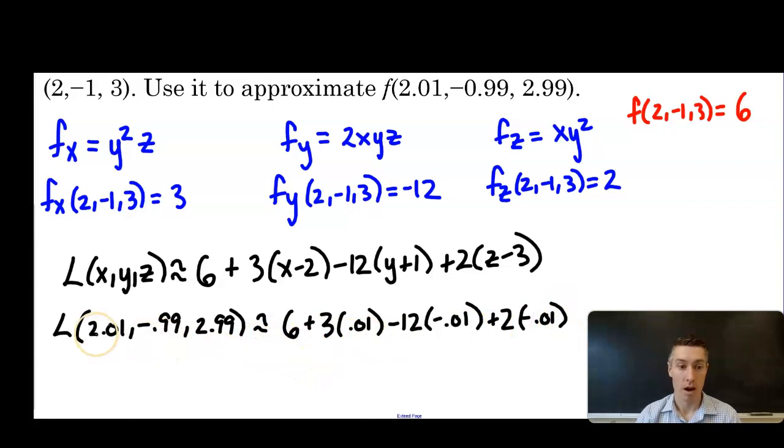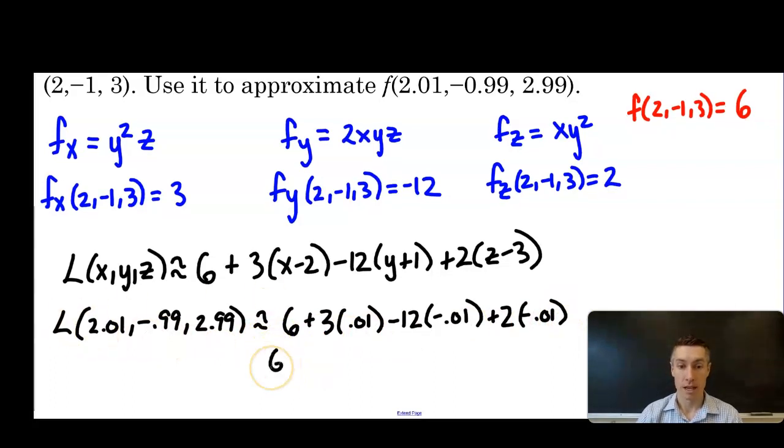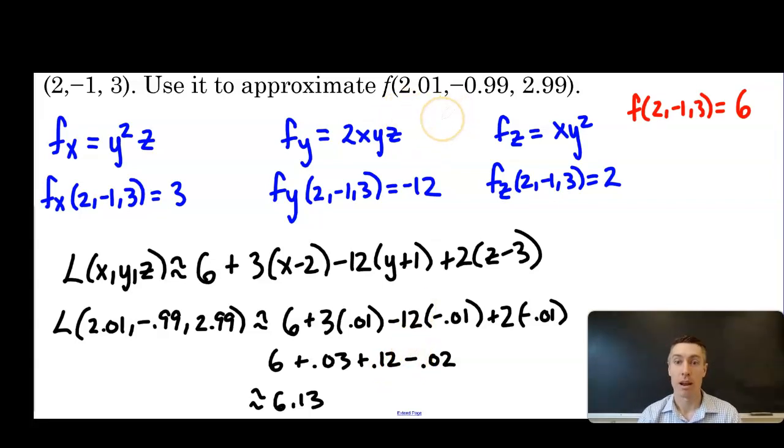A lot of decimals going on here. So we have 6 plus 0.03 plus 0.12 minus 0.02. So that's going to be 0.13, so approximately 6.13 as the approximation of the function at 2.01, -0.99, 2.99.